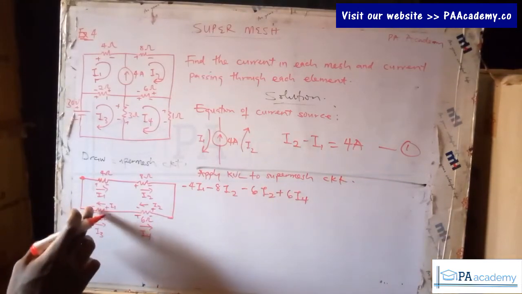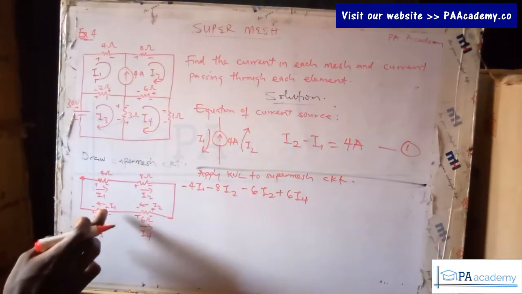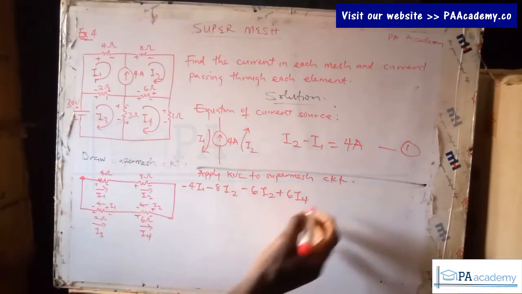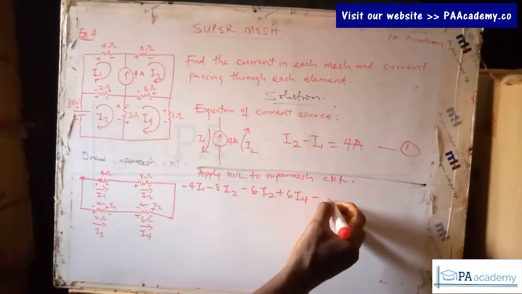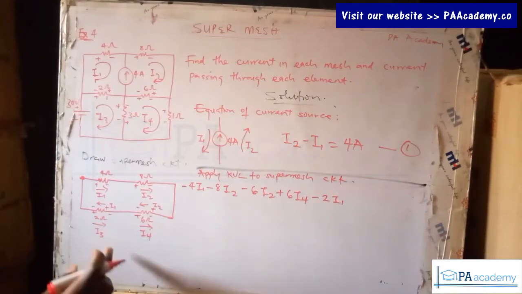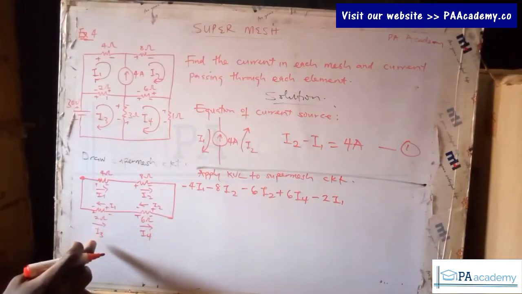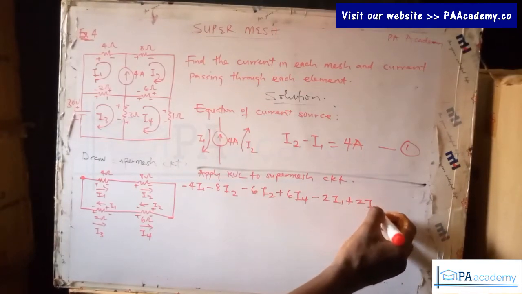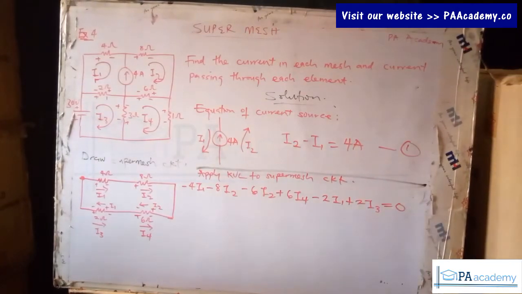And then from plus to minus, 2 ohm resistor. The current there is I1. That is from plus to minus, so that's going to be minus 2I1. Then from minus to plus, due to I3, that will be plus 2I3 equals to 0.